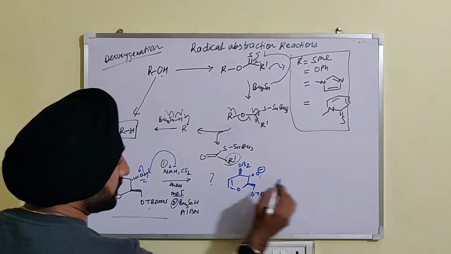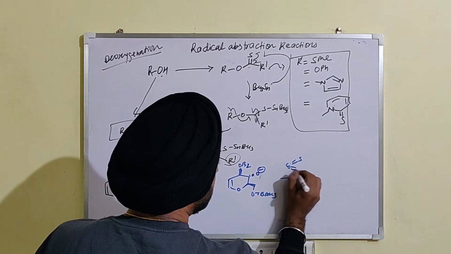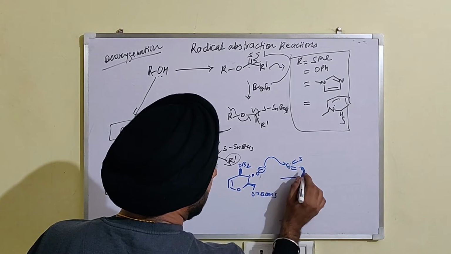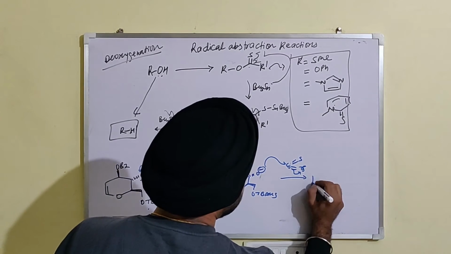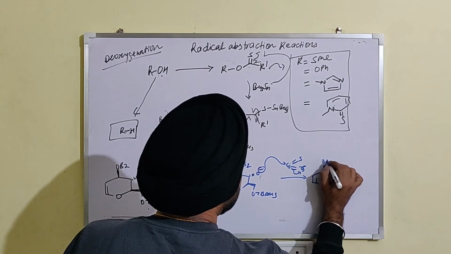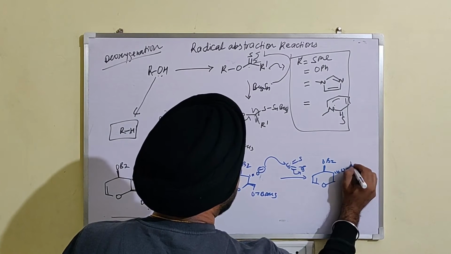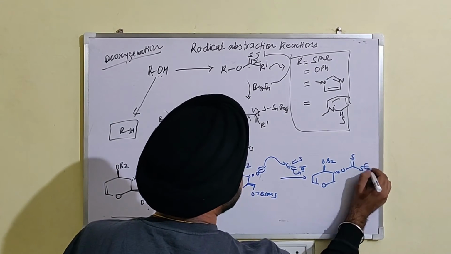TBDMS. Once O negative is formed, we have the carbon disulfide here. So this O negative reacts with the carbon disulfide, and it results in the formation of oxygen, carbon double bond S minus.